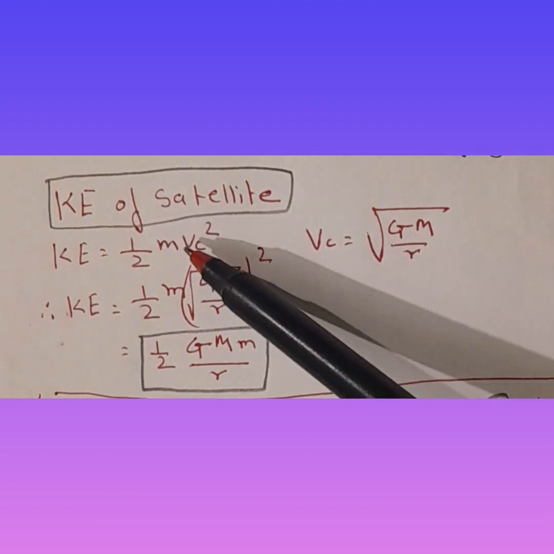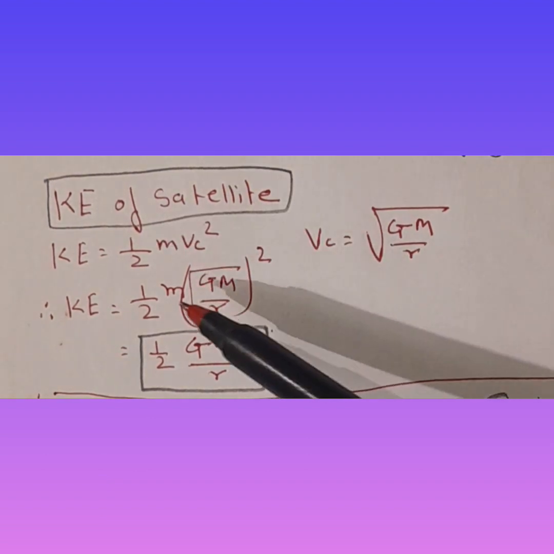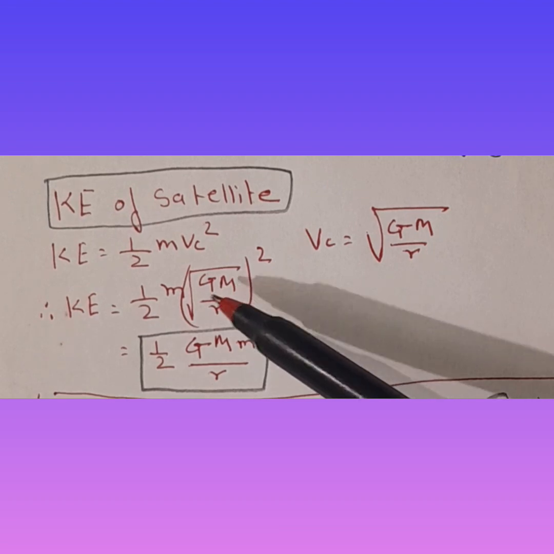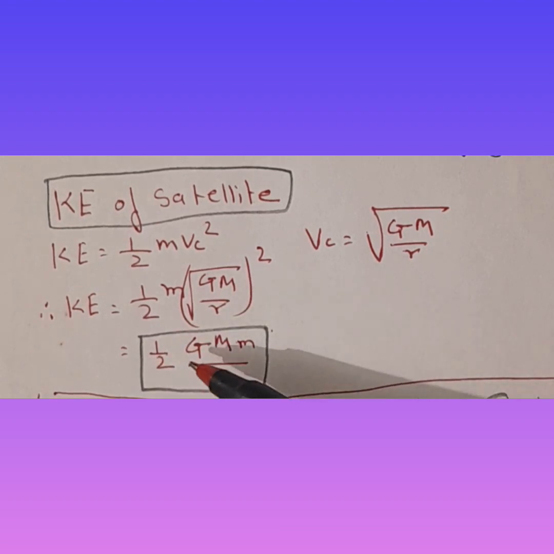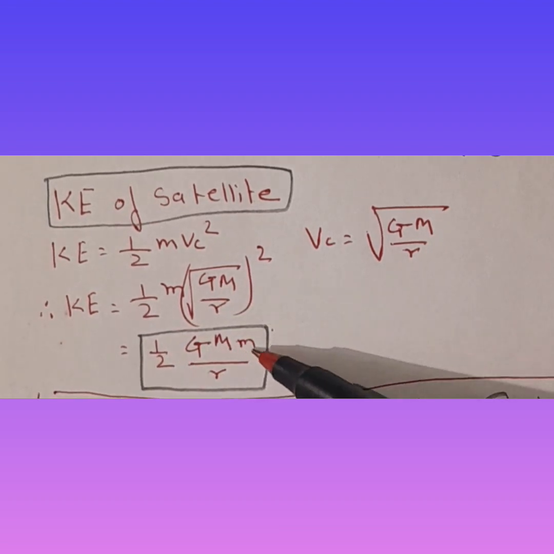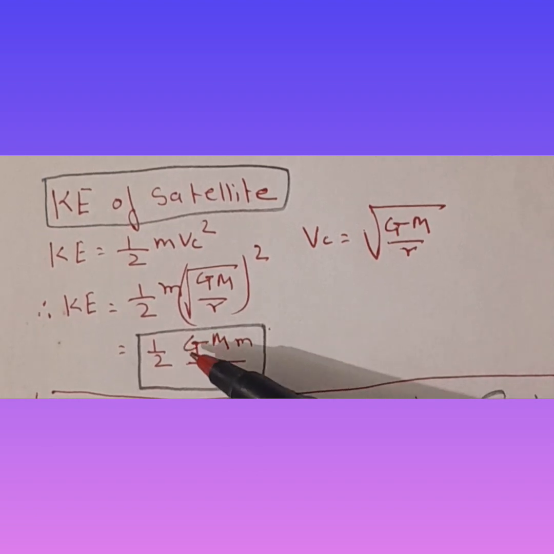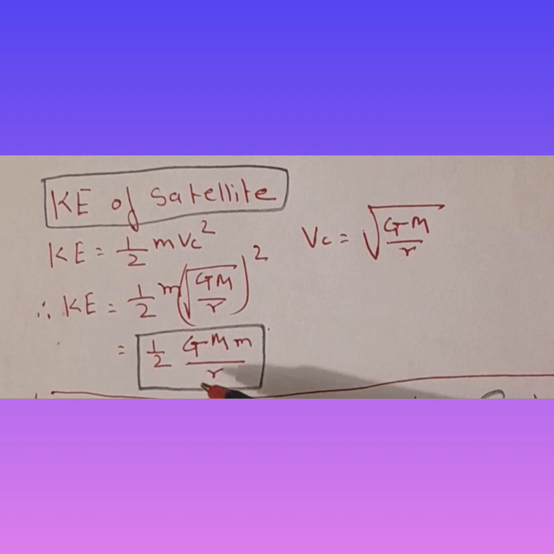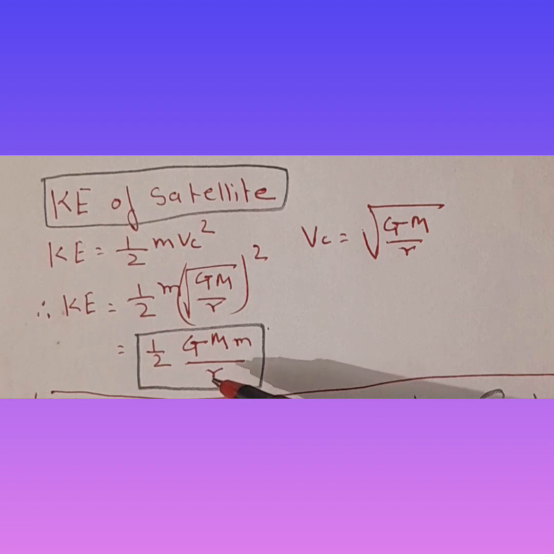So we just substitute that, and what we end up with is half G M m upon r, where G is the gravitational constant, M is the mass of Earth, m is the mass of satellite, and r is equal to R plus h, that is the radius of Earth plus the height at which the satellite is encircling Earth.